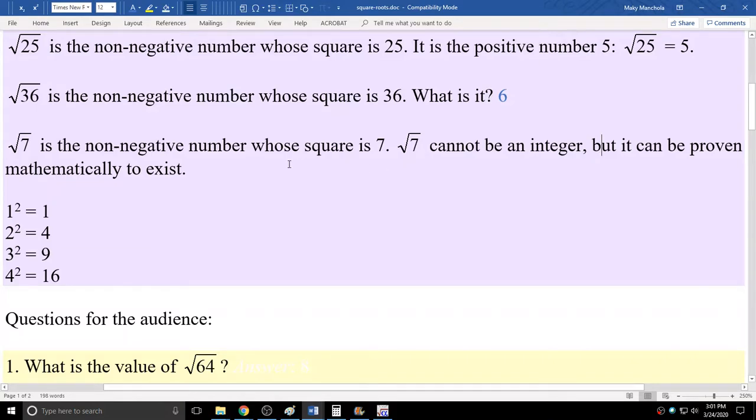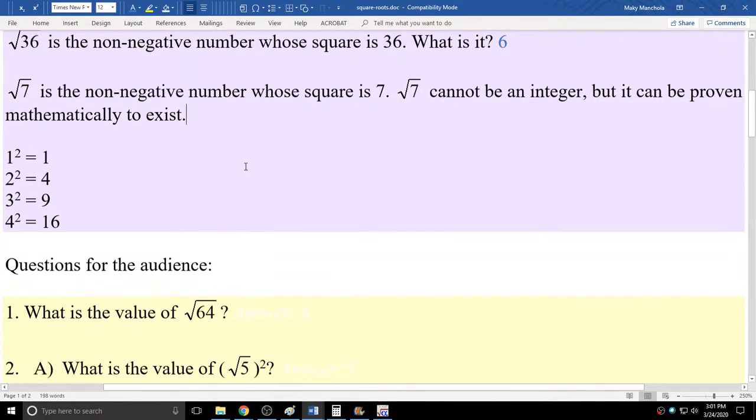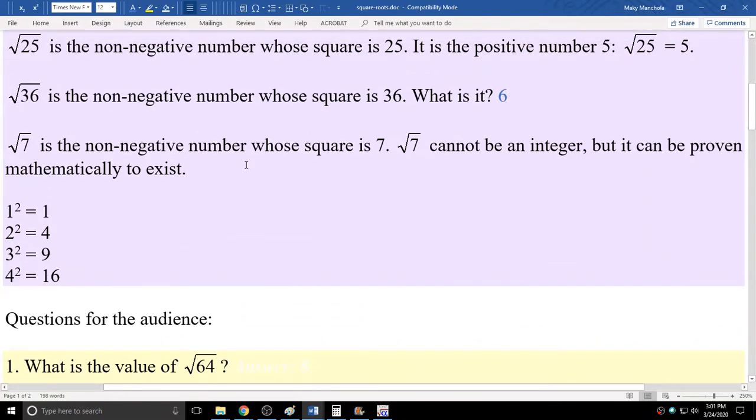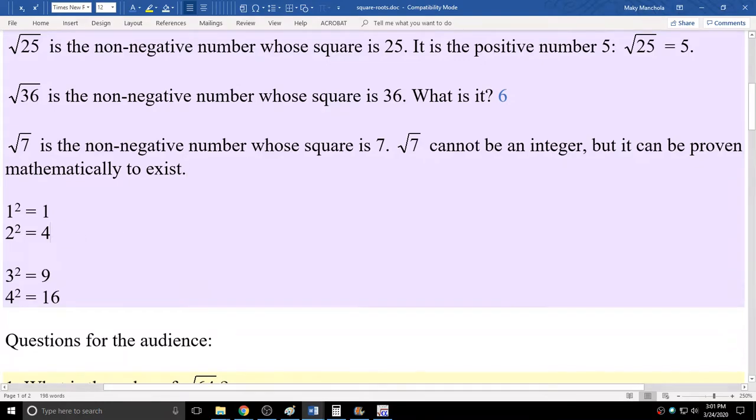But it can be proven mathematically to exist. What that means is that there is some positive real number that you raise to the second power to get 7. That real number, which right now I'm going to represent as an unknown, happens to be between 2 and 3.